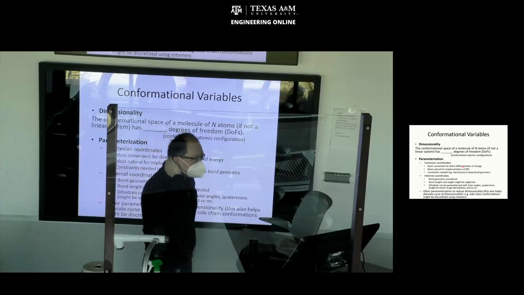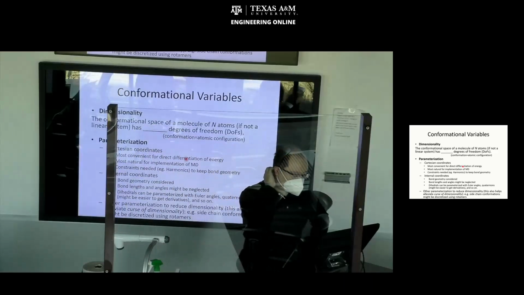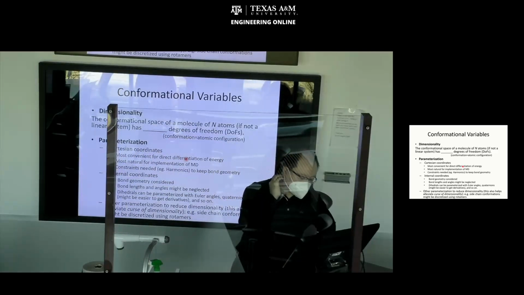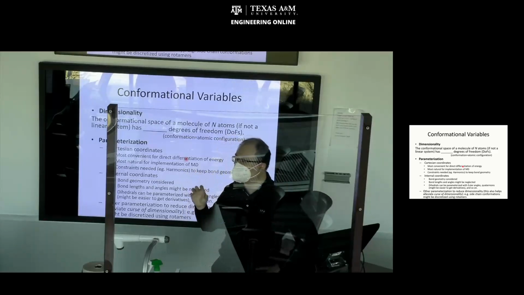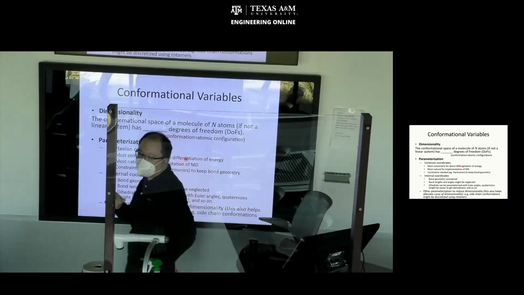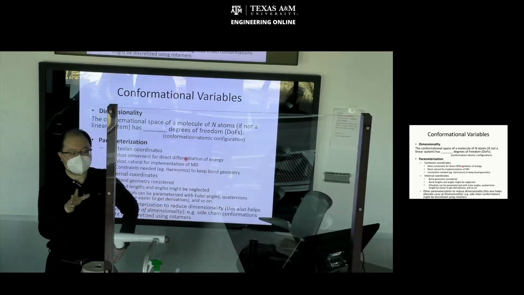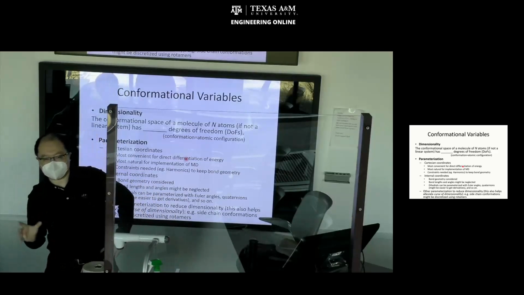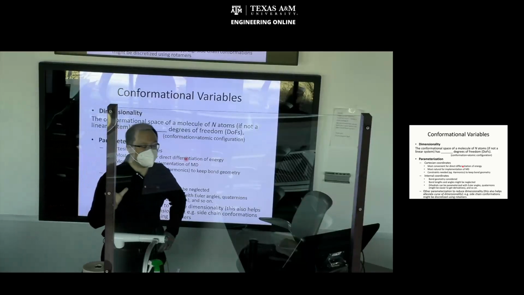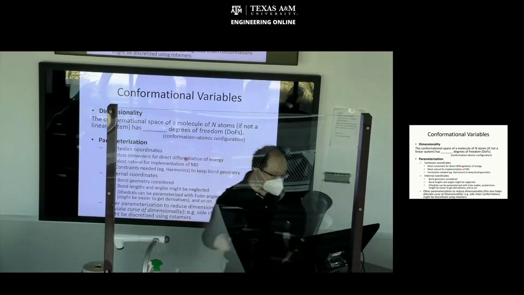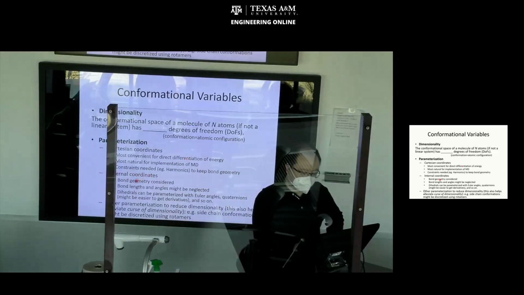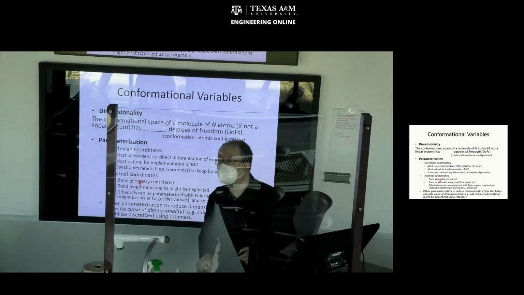Another one is the internal coordinates. In the case of internal coordinates, we actually have addressed this before when we did the Ramachandran plot, if you remember. We said that we can consider the bond length, bond angle, and dihedrals. In that case, bond length and bond angles can be regarded as fixed, right? So in this case, we can also use the internal coordinates by explicitly considering those constraints.